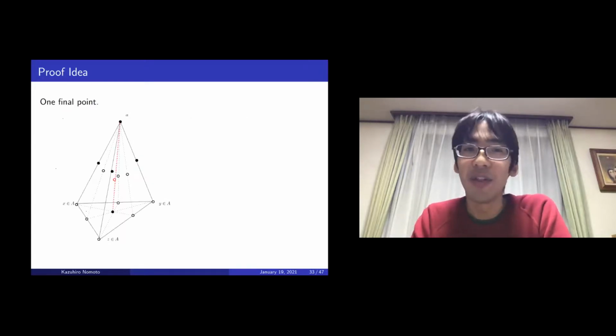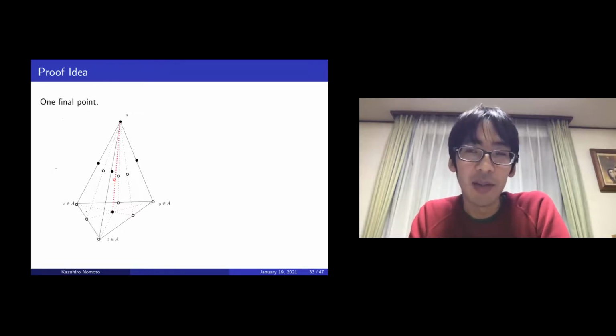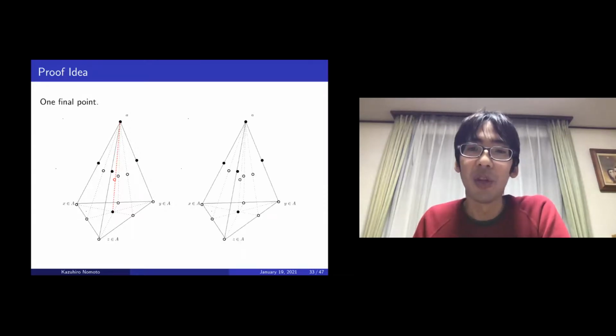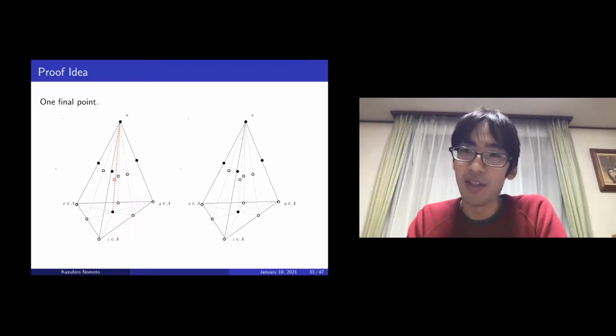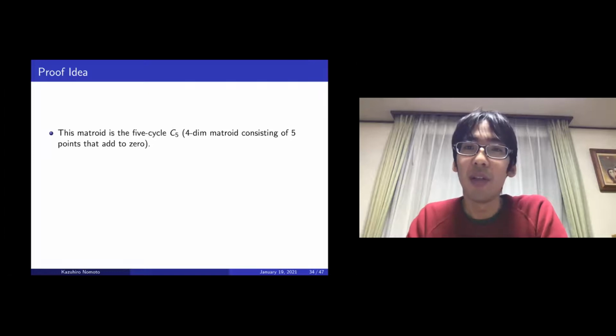One final point, although we don't need it, is this point, a plus x plus y plus z. Again, there's a triangle in the ambient space going through that, which contains 2 points from the matroid already. So that's also going to be missing from the matroid. So this is the matroid we get. And if you look at it, it's just a 5-cycle. So it's a 4-dimensional matroid consisting of 5 points adding to 0.